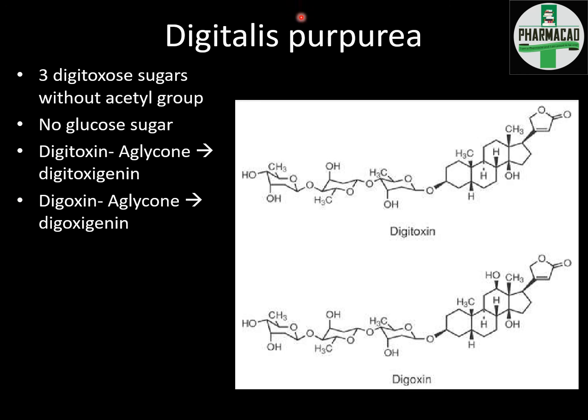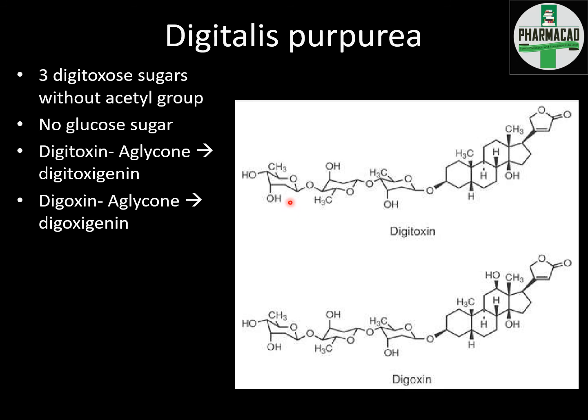Coming to Digitalis purpurea, from purpurea we get 2 cardiac glycosides, digitoxin and digoxin. So the structure of digitoxin and digoxin is again almost similar to lanatosides. The only difference, a few differences that are mentioned: first, there is no fourth sugar, glucose, present in this. There are only 3 digitoxose sugars.